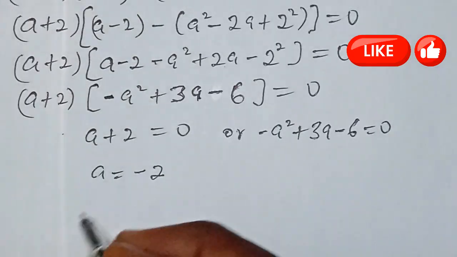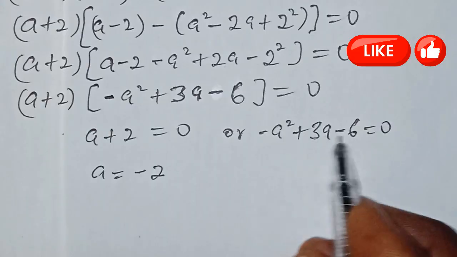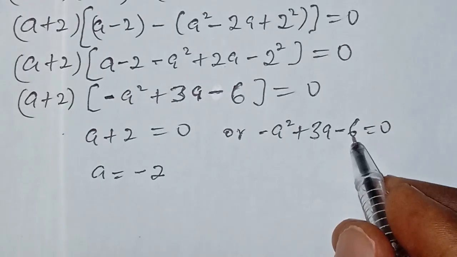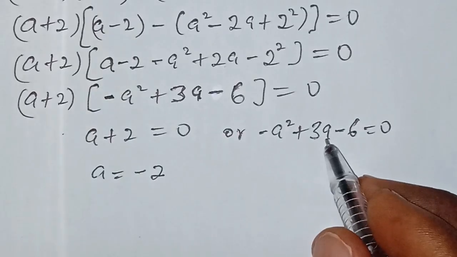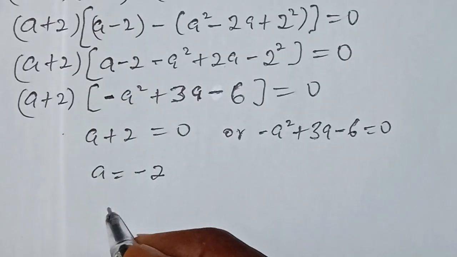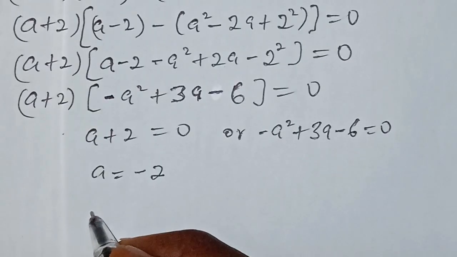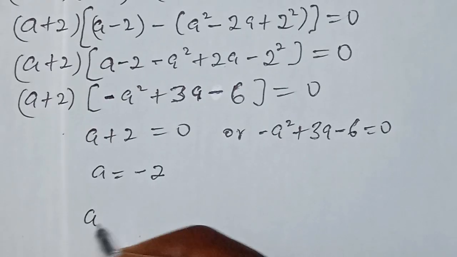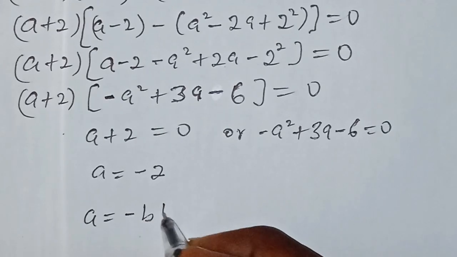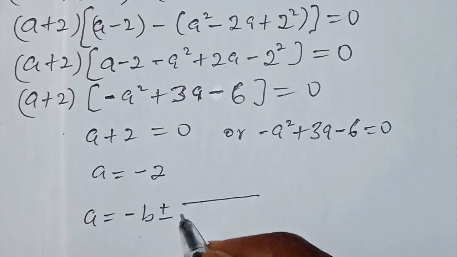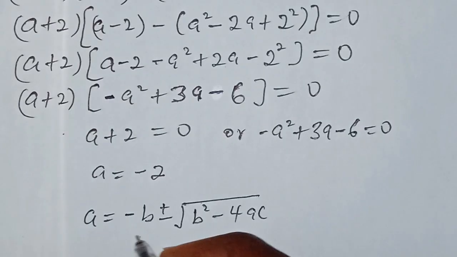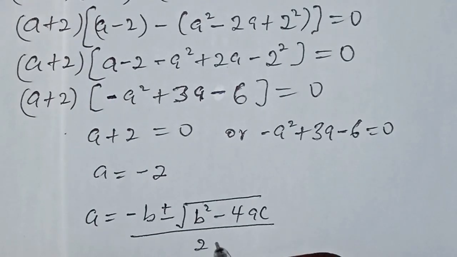For the second value of a, we consider this quadratic equation. From this quadratic equation, we approach this with the quadratic formula, which implies a equals minus b plus or minus the square root of b squared minus 4ac, over 2a.